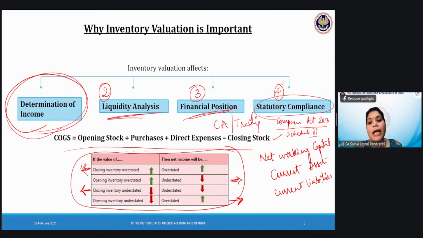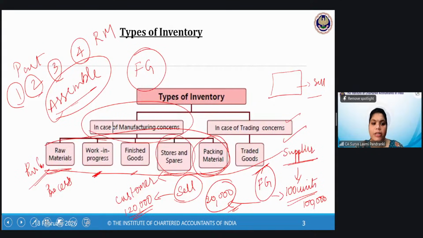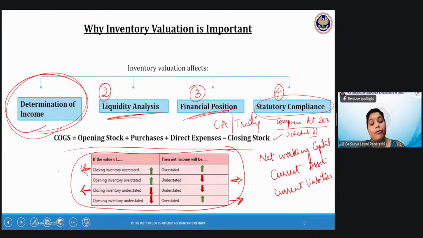Now, as per this statutory compliance, you will have to determine different classes of inventory, like we have seen before: raw material, work in progress, finished goods. All these classes of inventories have to be separately valued and separately shown in your financial statement. So that's the statutory compliance. You can't blindly say, I just have inventory, and inventory is 10,000 or 20,000.